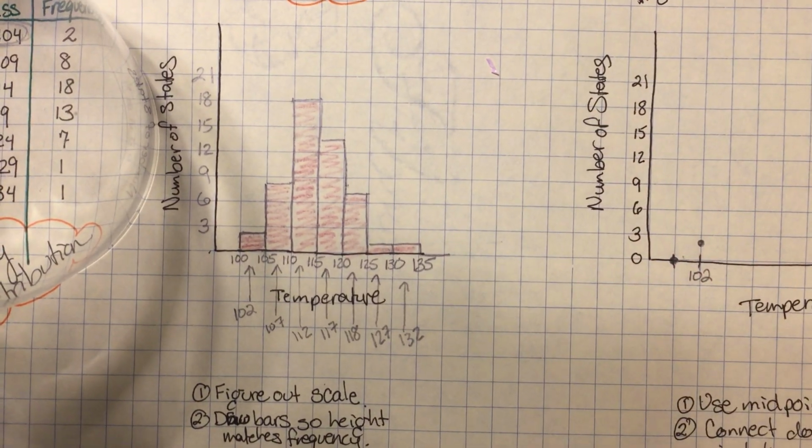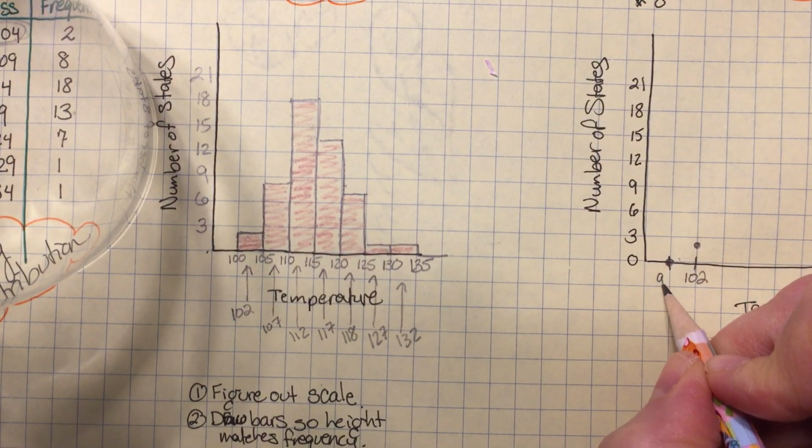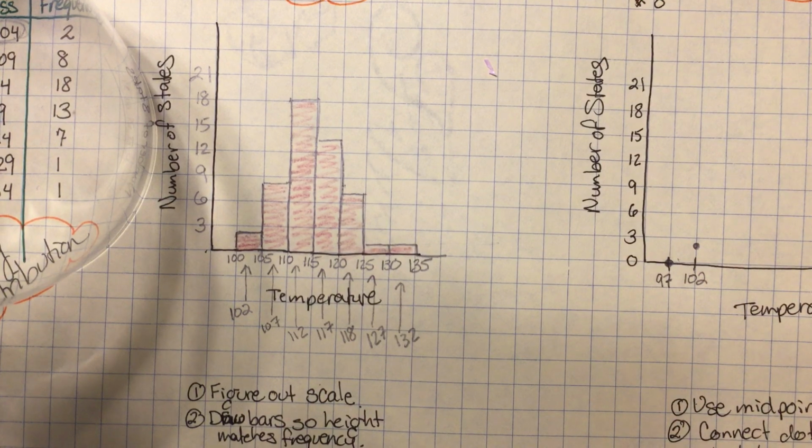So since everything is 5 away, this is going to be 97.